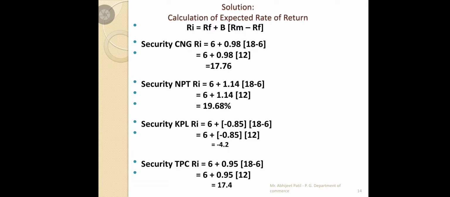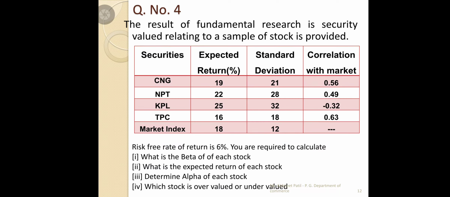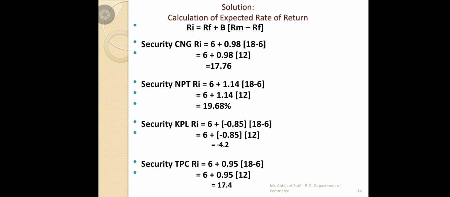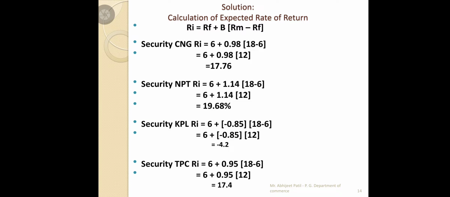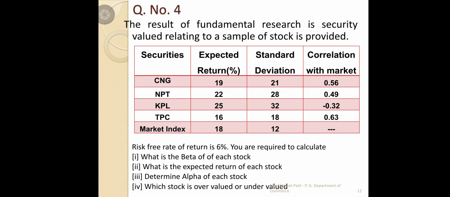Using that CAPM equation, put Rf, which is given as 6%, so put 6, and the betas 0.98, 1.14, minus 0.85 and 0.95, multiplied with Rm minus Rf. Rm, the expected return of the market index, is given as 18.